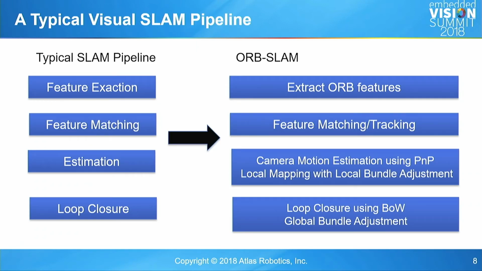So let's look at the typical visual SLAM pipeline. The visual SLAM pipeline I am going to describe today is based on visual picture extraction. There are other techniques, like DNN-based or direct methods, that do not rely on extracting pictures.